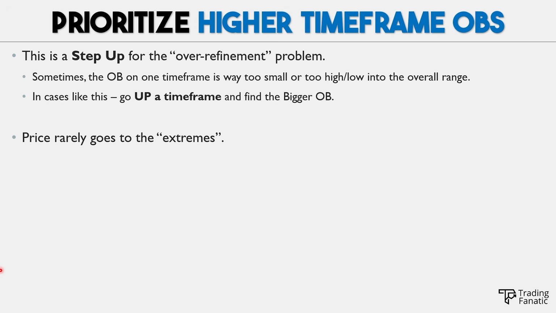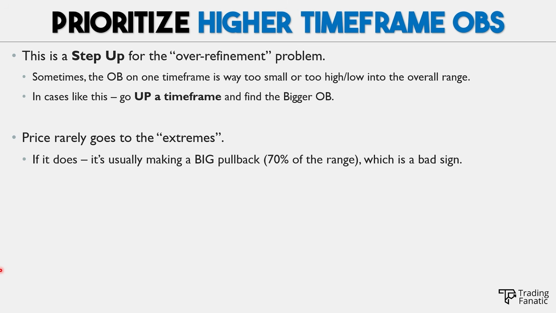And usually price rarely goes to those extreme order blocks, because if it actually does, it's usually making a very big pullback, which is more than 70% of the range, and that is a bad sign. Let me quickly show you. Say you're having a buy and then a very big sell-off, and your extreme is all the way up here, and you're looking for this to tap. Here is 50%.